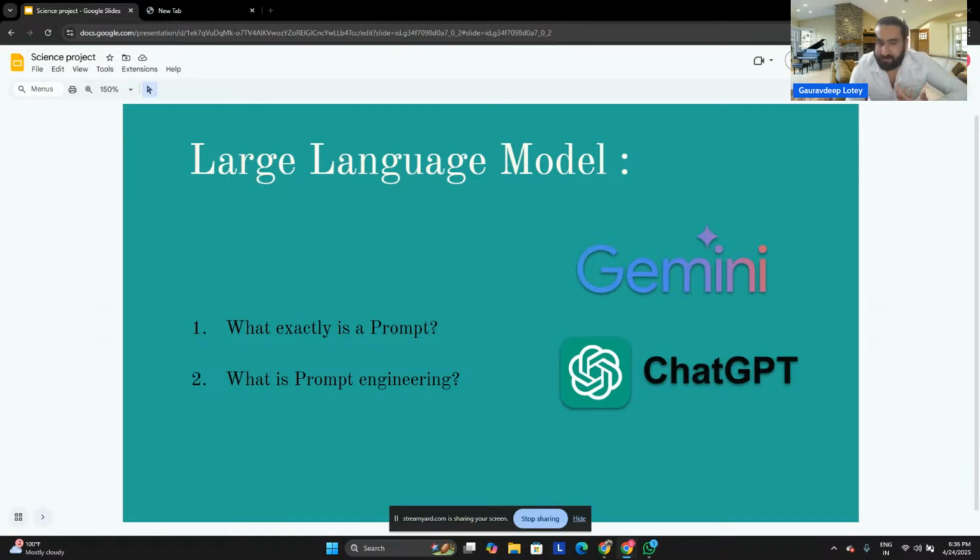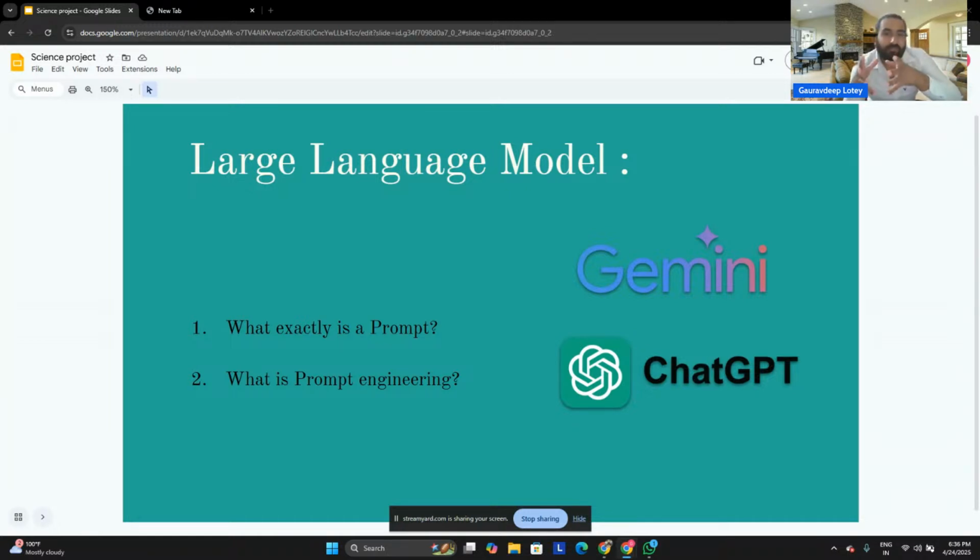So the first thing is that there are two different words here, prompt and engineering. We'll talk about it, and you will soon realize that more than just an engineering concept, prompt engineering requires a lot of natural skill and talent, and it is more related to your art, how artistic you can get to design something and explain something, right?